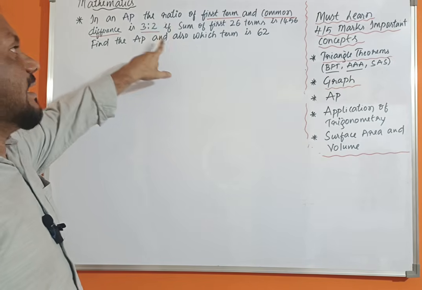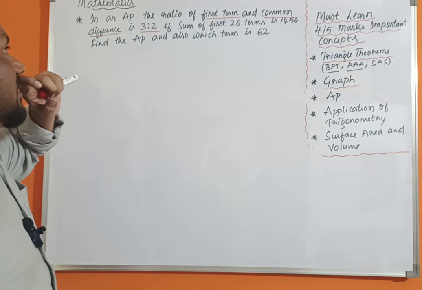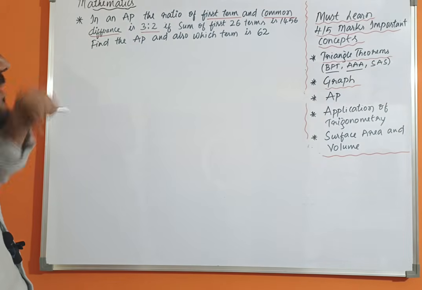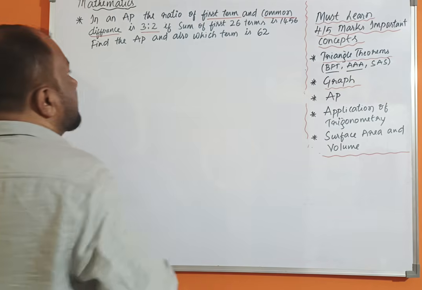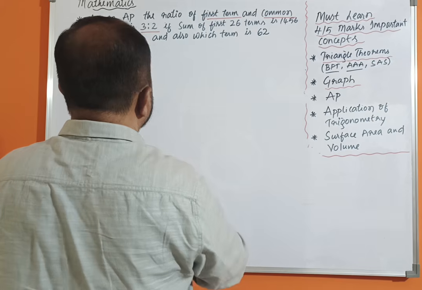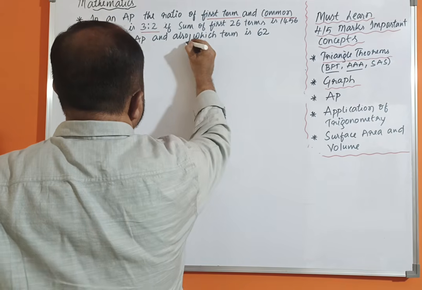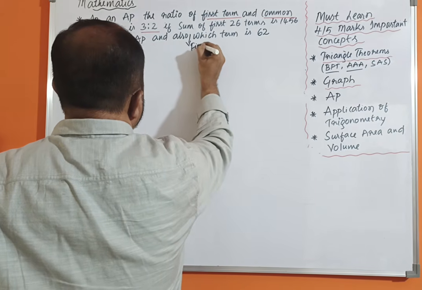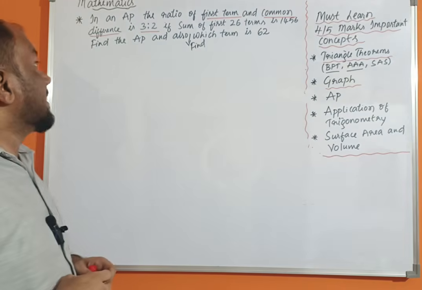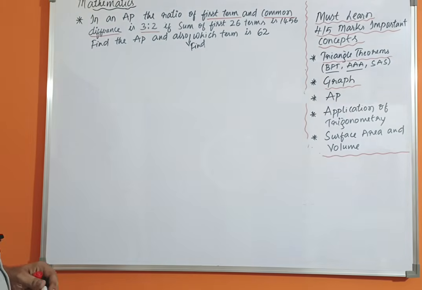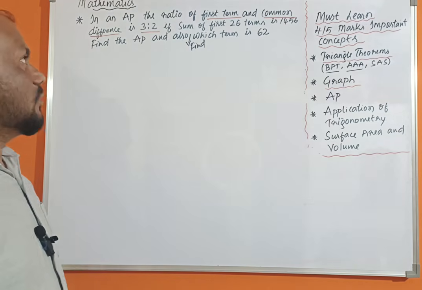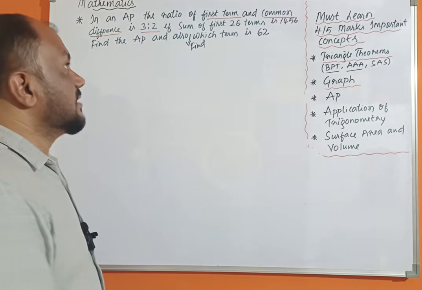What do you need to find out? The AP first, and also find which term is 62. For writing or finding an AP, we need A and D. But here the value of A is not given, and D is also not given.